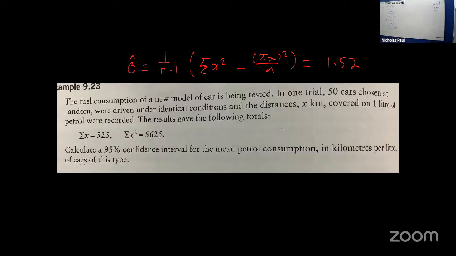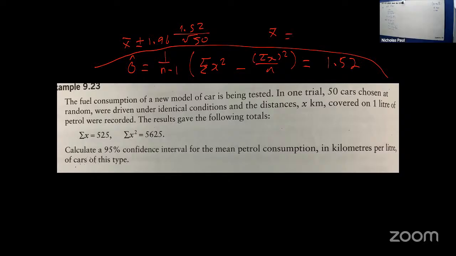Once you have that, it will now be X bar plus and minus 1.96 by 1.52 all over the square root of n.